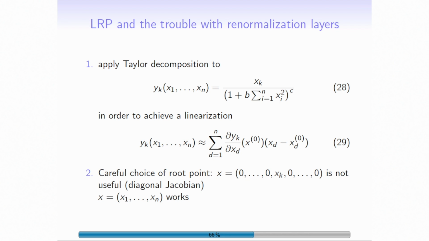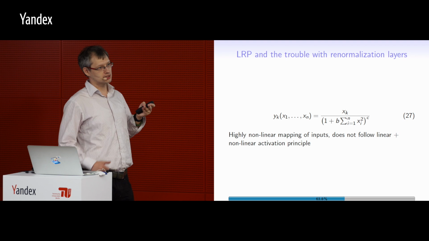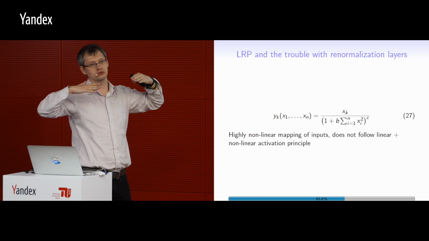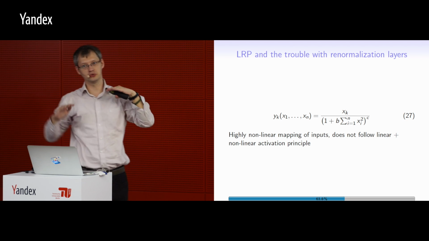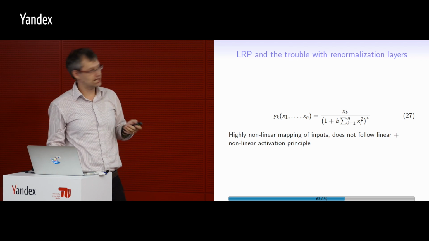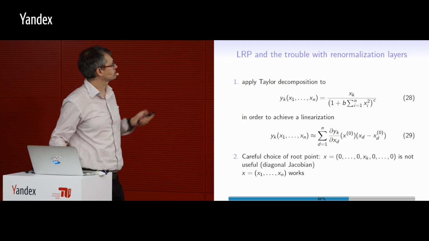Local renormalization layers do something with the input and produce a highly nonlinear output. So when we redistribute relevance from the output to the input, we have to take care of that. And just doing the identity like in the first choices was not a very good idea.